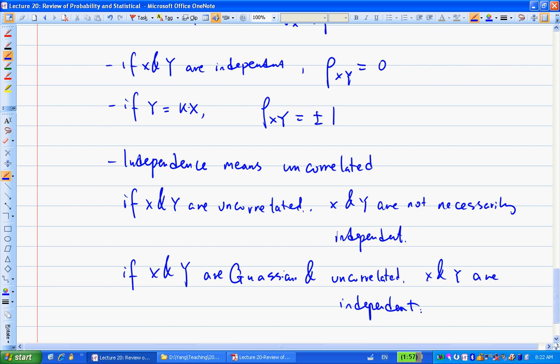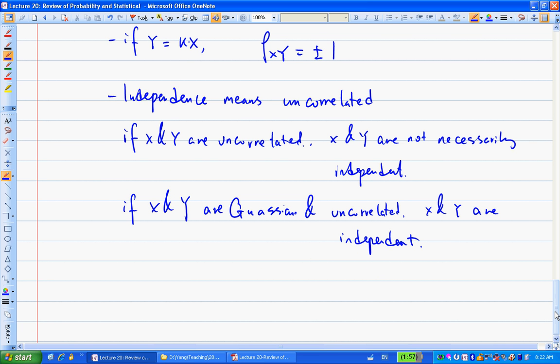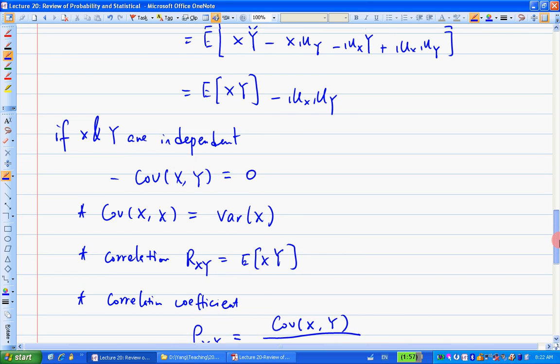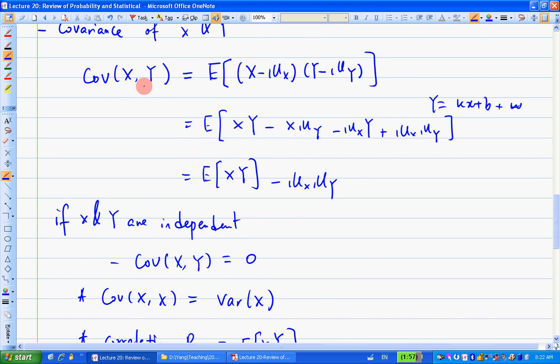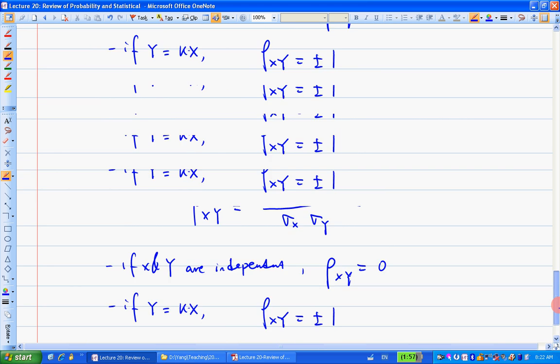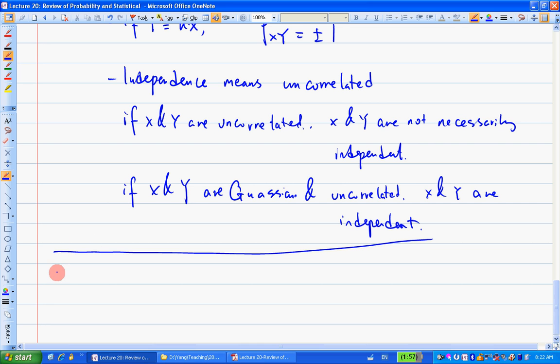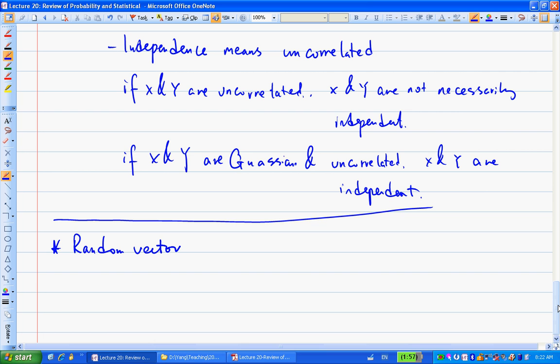To extend the situation a little further: this is just two random variables. Now, how about a so-called random vector? What does a random vector mean?